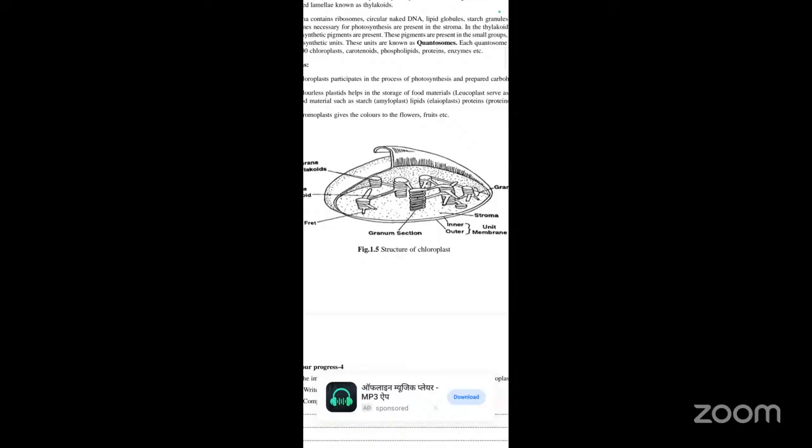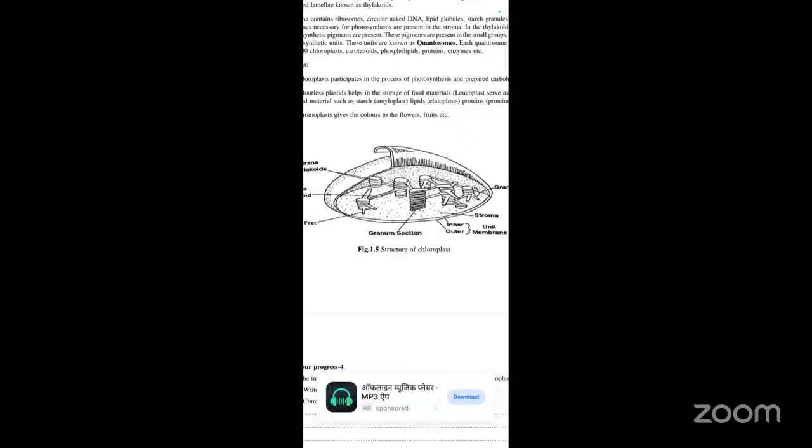Generally, 40 to 60 grana are found in each chloroplast in a photosynthetic cell. Each granum consists of stacks of flattened lamella known as thylakoids. The stroma contains ribosomes, circular naked DNA, lipid globules, starch granules, etc.